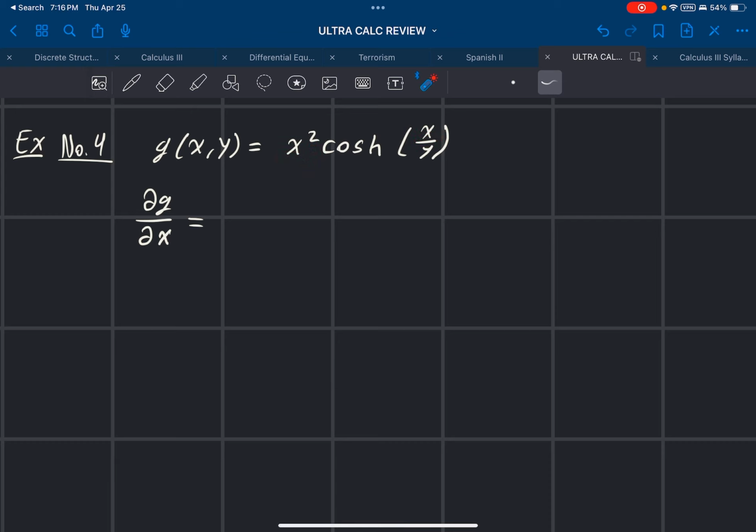So we need to employ an old rule that we know. People have a lot of different ways to memorize this, but the way I memorize it is f prime g plus g prime f. And this is our product rule.